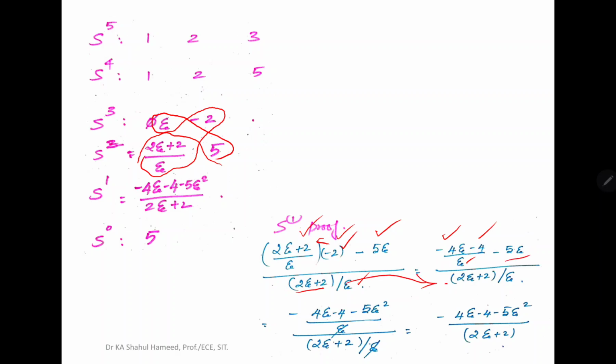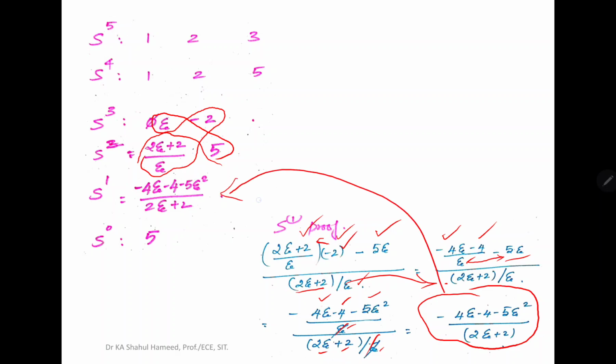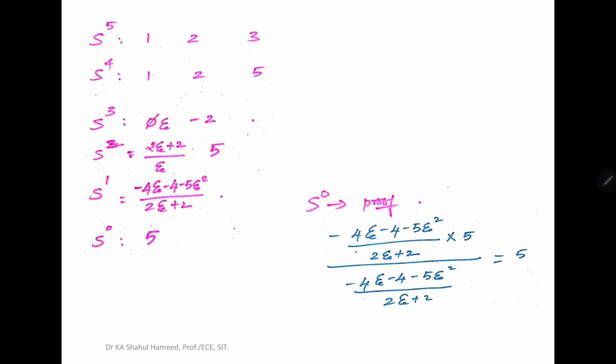Now I am cross multiplying by epsilon, and I get (4 epsilon minus 4 minus 5 epsilon squared) divided by epsilon, divided by (2 epsilon plus 2) divided by epsilon. Cancelling epsilon and epsilon, the final expression is (4 epsilon minus 4 minus 5 epsilon squared) divided by (2 epsilon plus 2). I am putting this value here, and then forming the next row, that is s^0.